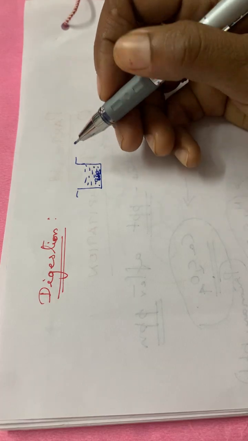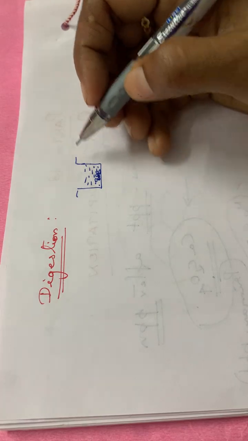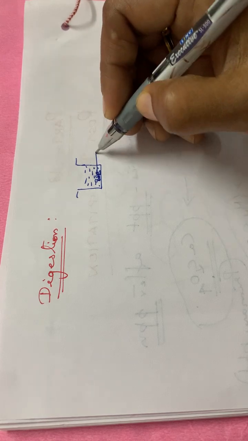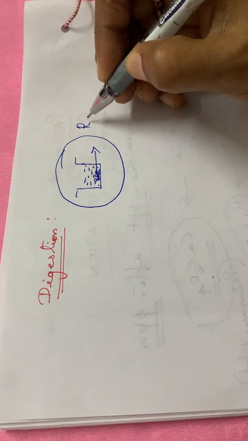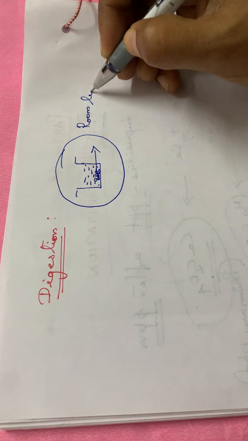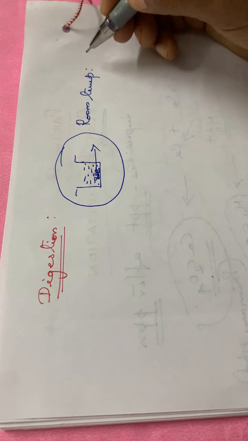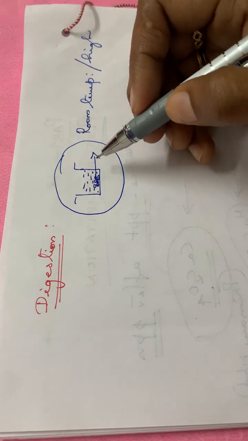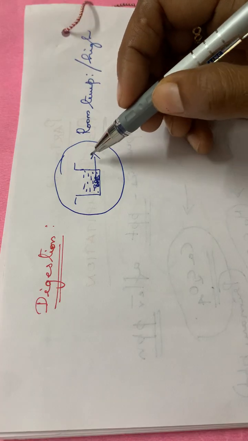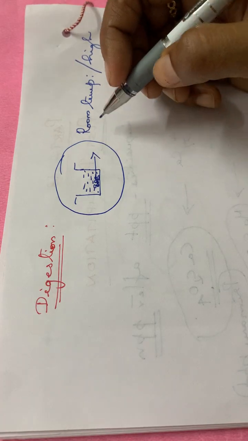So in this process of digestion, we have to keep this solution or this system at a particular temperature. Sometimes it might be at room temperature or some higher temperature, and also we have to keep it standing for several hours.